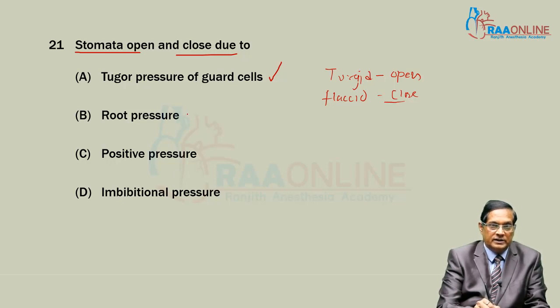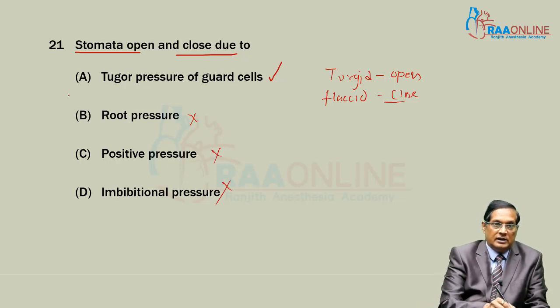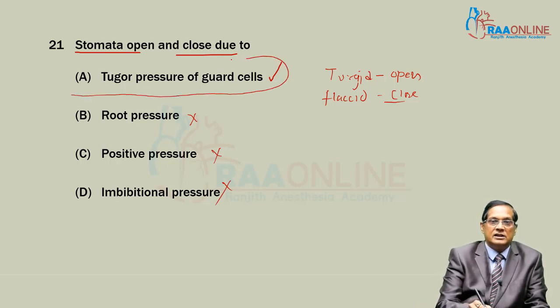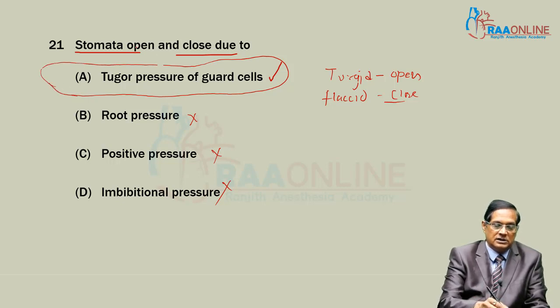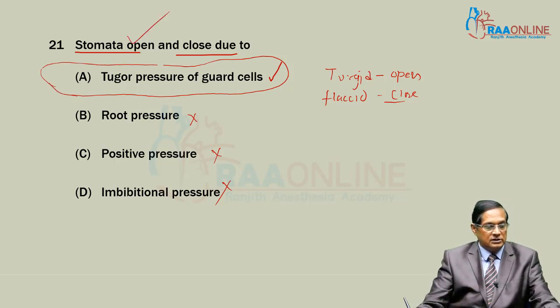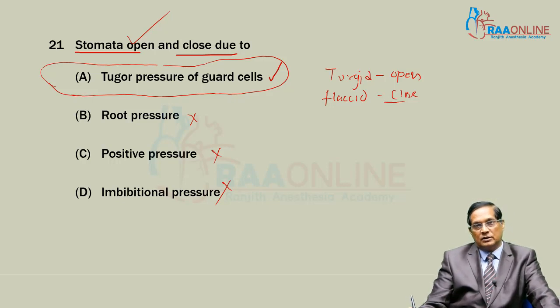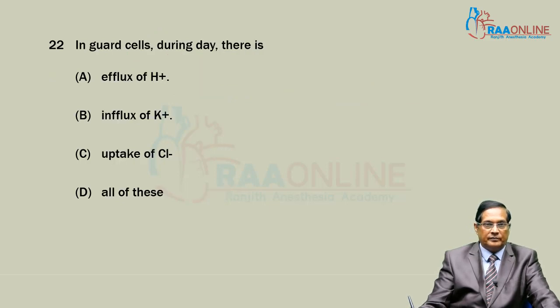But no role of root pressure, no role of positive pressure, no role of imbibitional pressure. Turgidity and flaccidity of a guard cell is mainly concerned with the stomatal movement, that is opening and closing. For opening they should be turgid, for closing they should be flaccid.